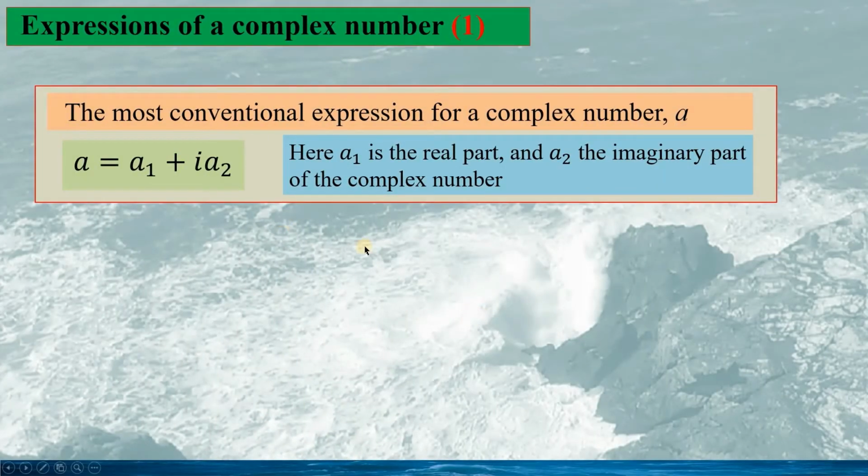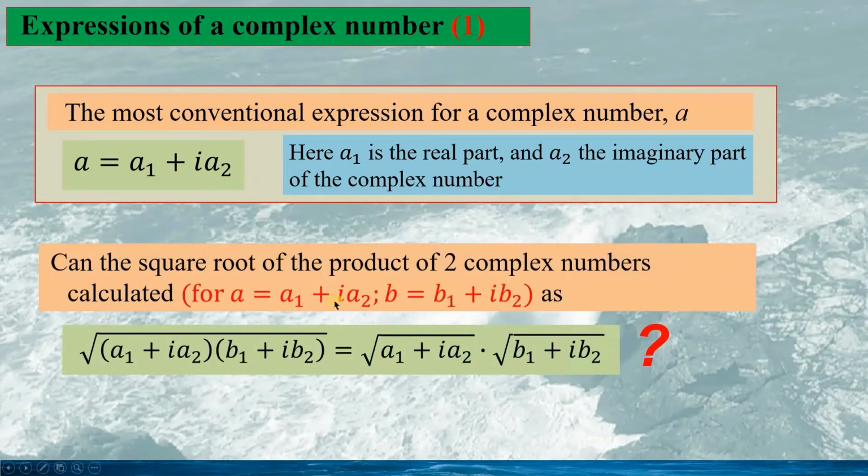For a complex number, the most convenient expression can be expressed as this. The complex number A equaling to A1 plus iA2. Here, A1 is the real part of the complex number, and A2 is the imaginary part of the complex number.